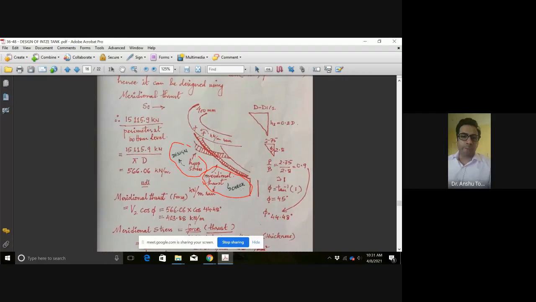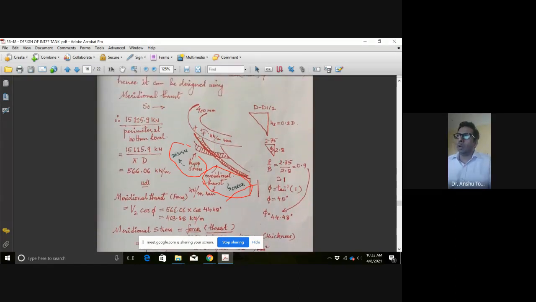I have written it in green color here. We will check for the meridional thrust in this direction, that is along the height, in the vertical direction like this. And we are going to design for the hoop stress, that is in the lateral direction. So in the lateral direction we will design for hoop stress, and we will initially check for the meridional thrust.